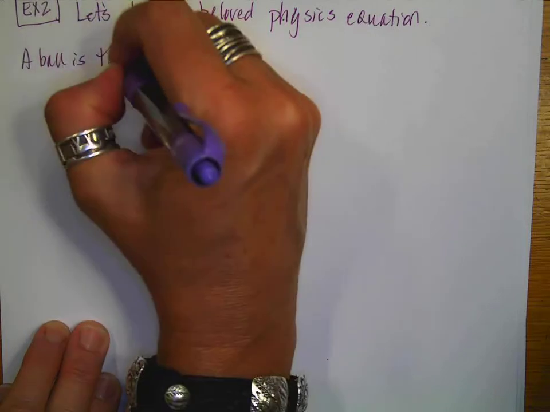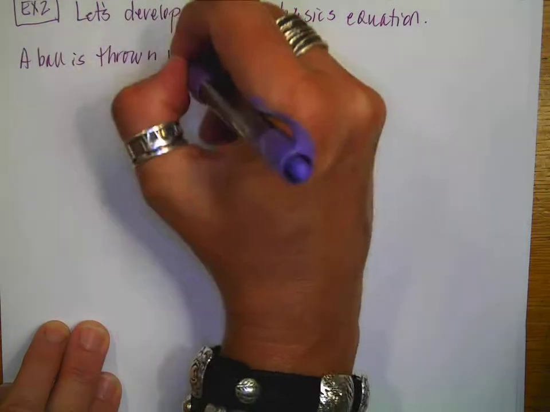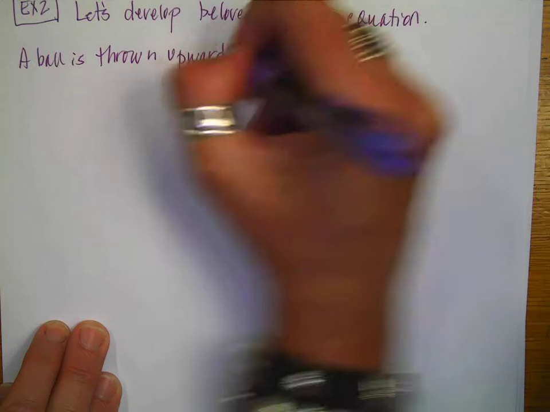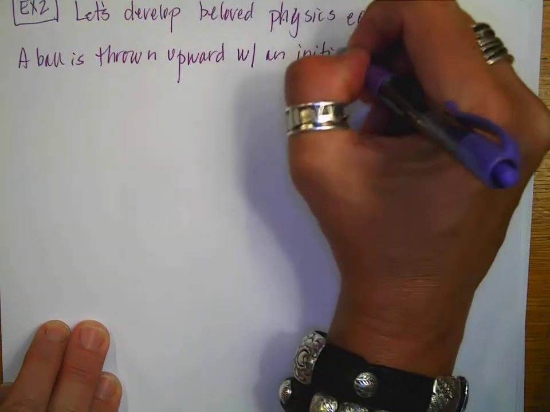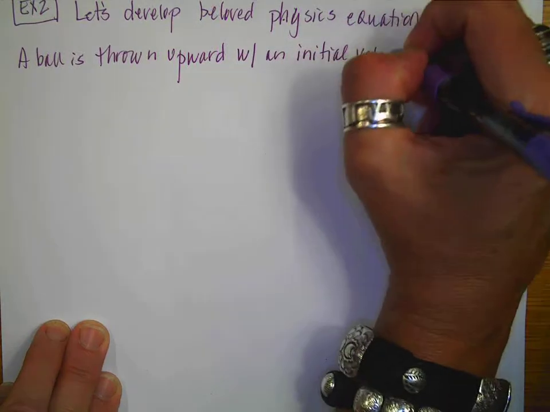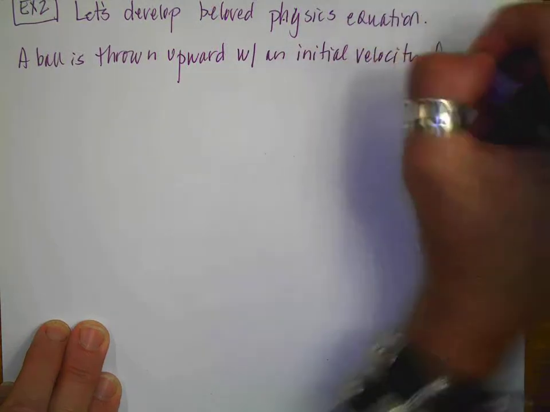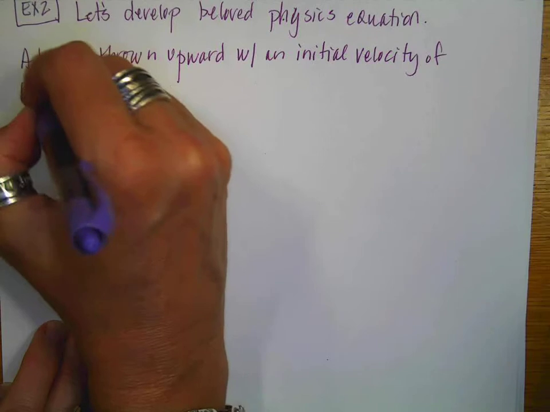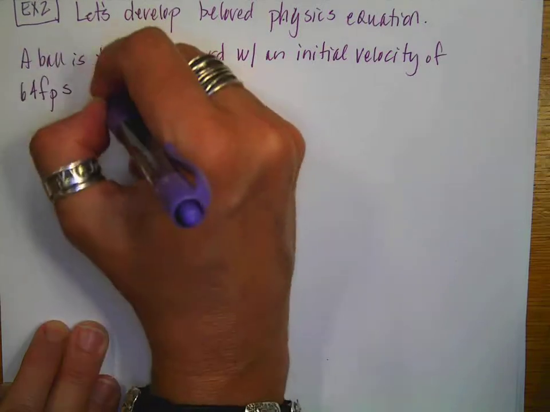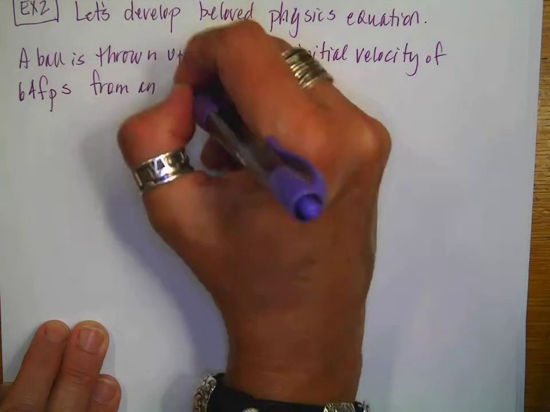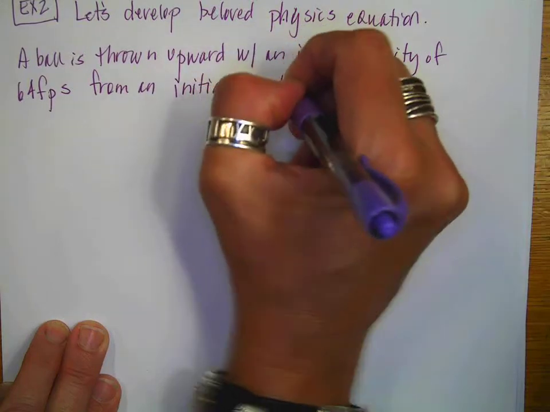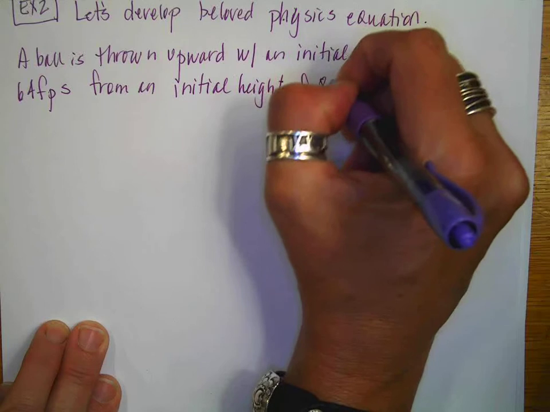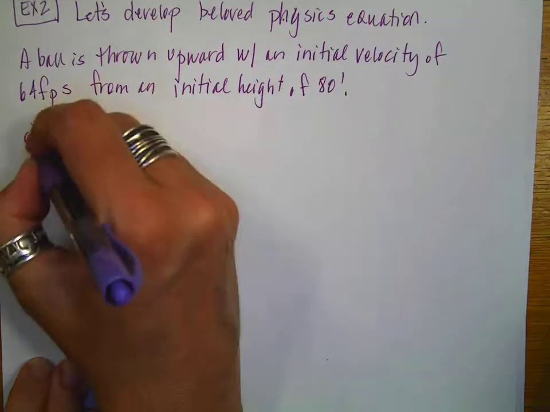A ball is thrown upward with an initial velocity of 64 feet per second from an initial height of 80 feet.